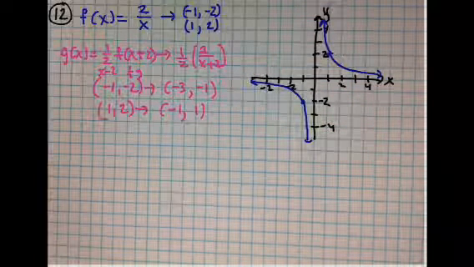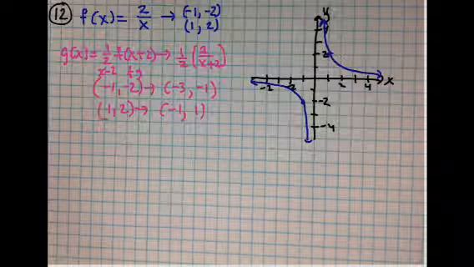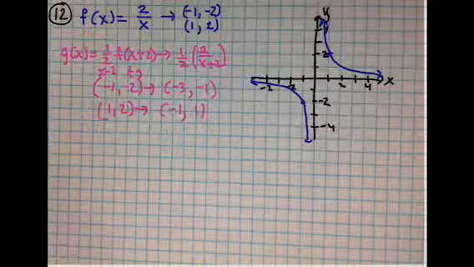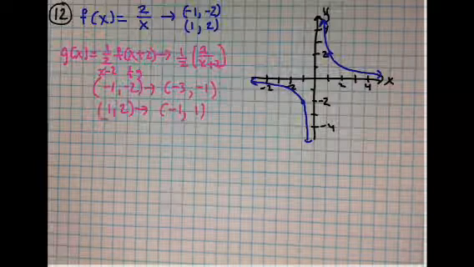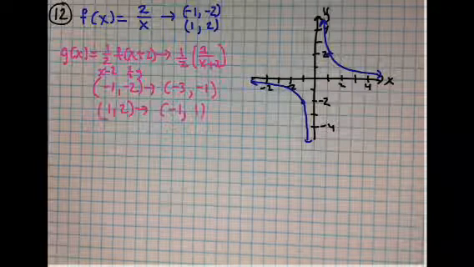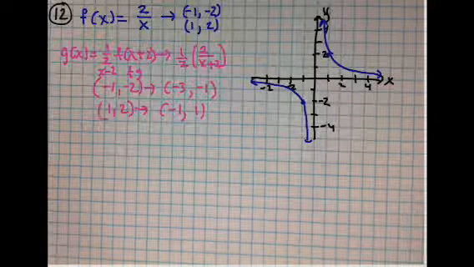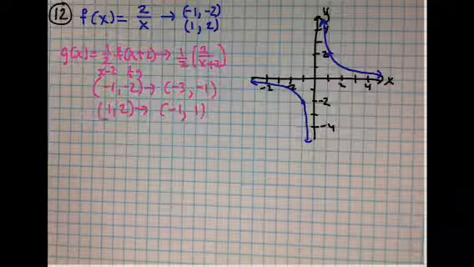So I know that the one in blue is f of x, which is 2 over x. The one that I'm going to draw in pink is the g of x, the transformed function, which is the blue graph translated over to the left 2 units, and then a vertical compression by a factor of 1/2.